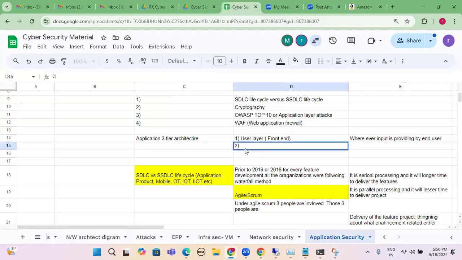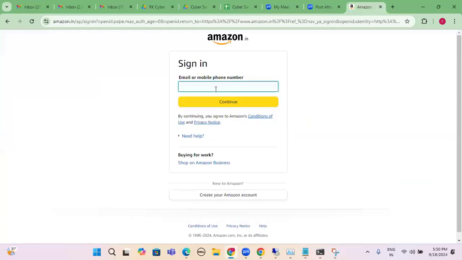Second one, business or logical. Every application developer will use different types of programming languages for website design, website development or application development. Whenever the user gives the username and password, it will verify the authenticity, then log into the system. Once you give the username and password and click the login button, how does it go to the next page?